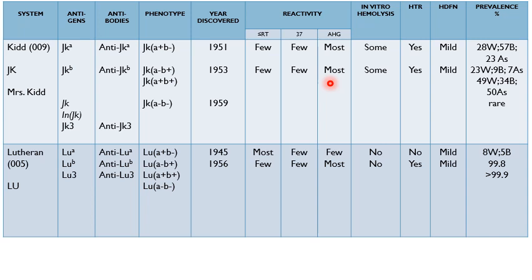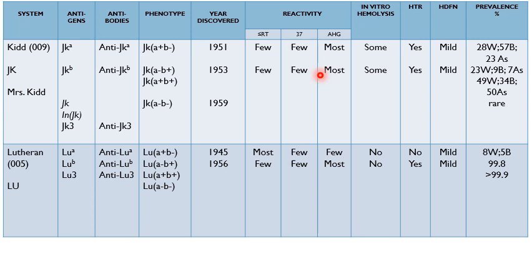Kidd antibodies react at the antiglobulin phase because they are IgG, but some are IgM and are made in response to pregnancy and transfusion.